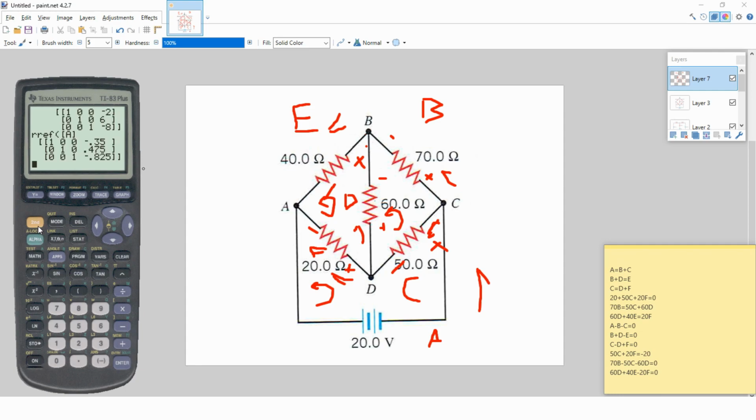Turn the calculator on. I'm going to use a different matrix this time because I benefit nothing from using the previous matrix. And 6 times 7, 6 equations, 7 values, including constants. So we have, this is going to take a while, but we have 1, negative 1, negative 1, 0, 0, 0, 0. We have 1, 1.